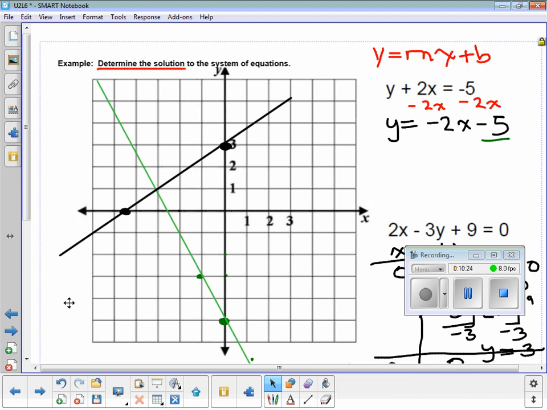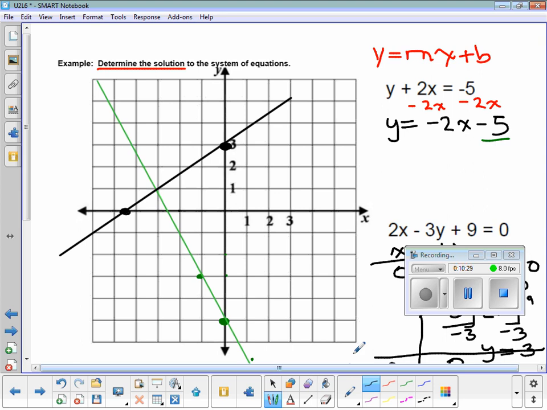Okay, so my answer then to this question is where they intersect. Now you can see that they do intersect, and it appears that they intersect right here. Now you maybe have already discovered that there's a little issue when you're graphing, and some of it has to do with how accurate you are with your graphs.